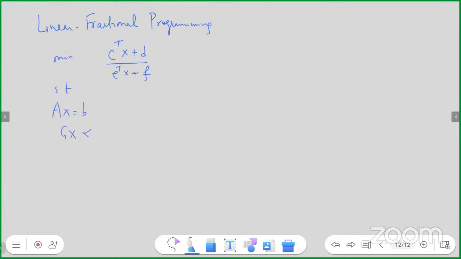strictly dominating essentially. Each component here is smaller than h. Terrible notation. Let's just stick to this. Nothing will actually go wrong. Okay. Let's suppose you want to solve this problem. Clearly not in standard convex form. Right? What should I do?